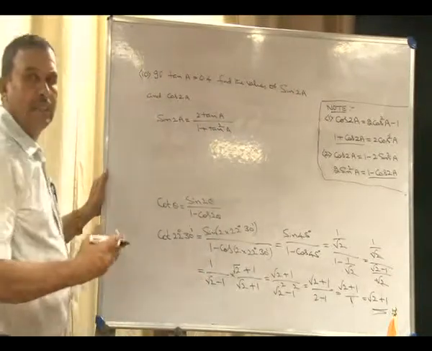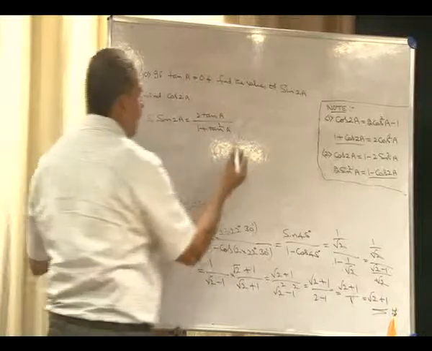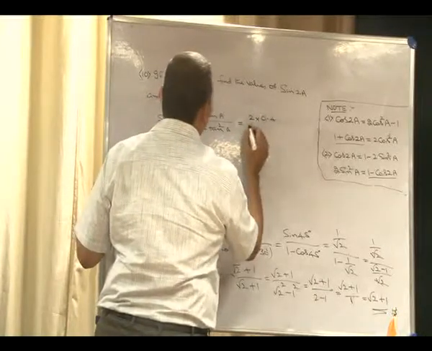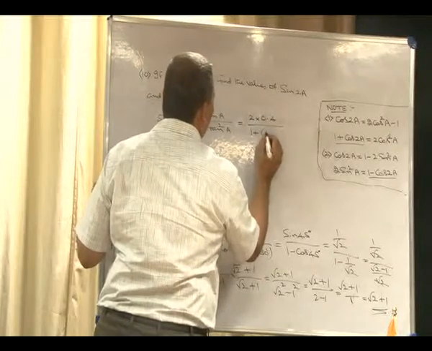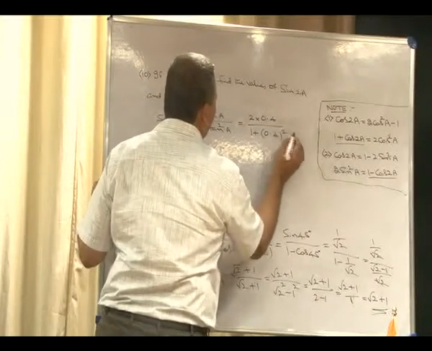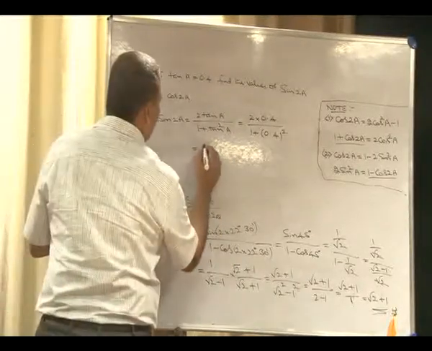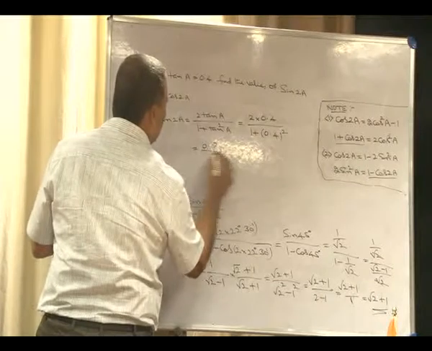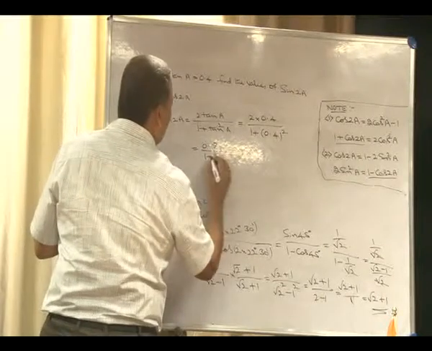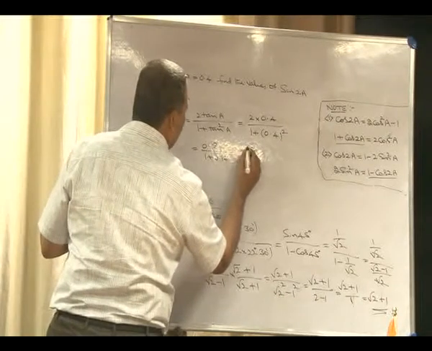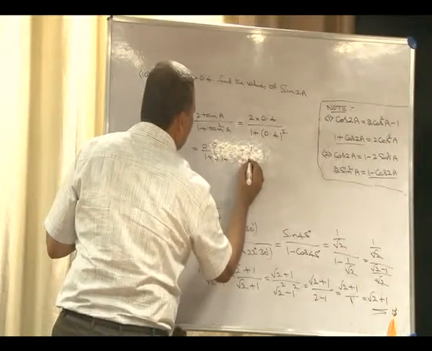Sin 2A is 2 tan A by 1 plus tan square A, that is equal to 2 into 0.4 by 1 plus 0.4 the whole square. That is 2 into 0.4 is 0.8 by 1 plus 0.4 into 0.4 is 0.16. That is 0.8 by 1.16.